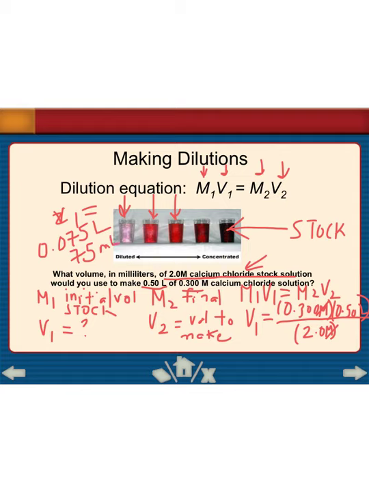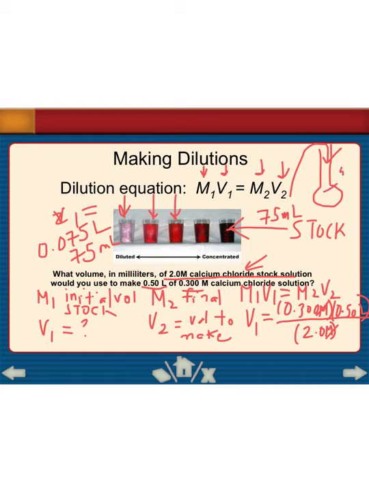So what we would do in this case is take 75 milliliters of the stock solution and put it into a volumetric flask, which would be 0.50 liters.